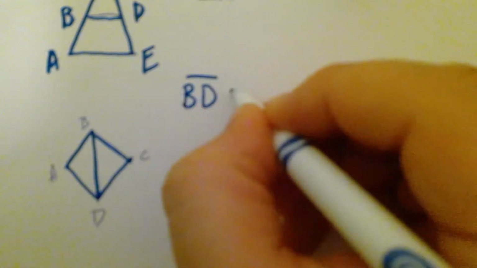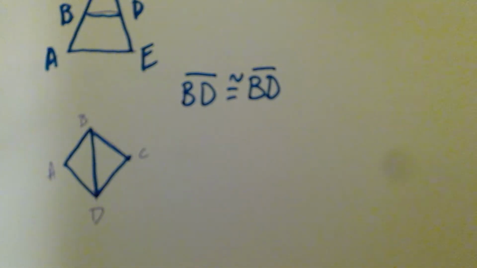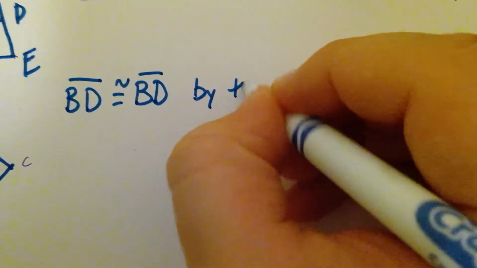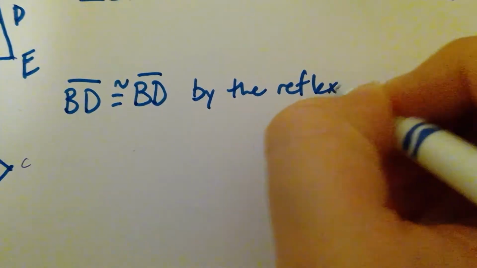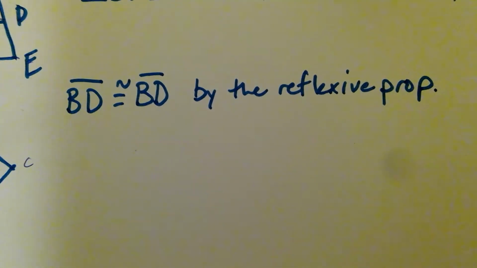So BD is congruent to BD. Now we can't just leave it at that. We have to say why: by the reflexive property. It seems obvious because it makes sense that it's true, but we still have to make the statement. This is where I see so many people miss points. If we don't make that statement, our final proof statement can't be true because we never said that those two parts are congruent.